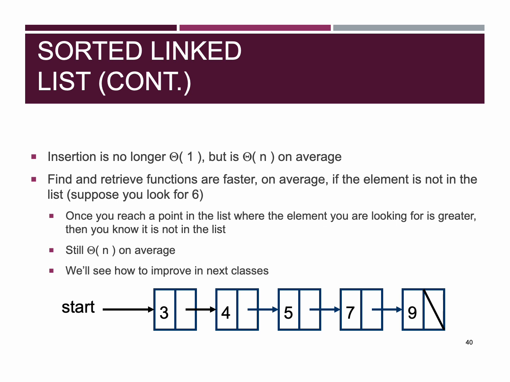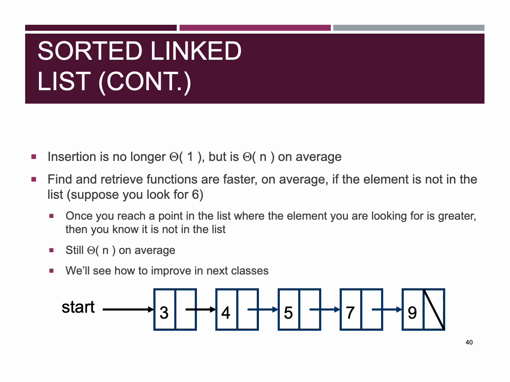Now, we can look at find and retrieve operations in the sorted linked list. Searching in a sorted linked list can be faster compared to an unsorted one, especially when the element is not in the list. For example, if you are looking for the number 6 in the current list, you can search 3, 4, 5, 7, 9. Now once you reach 7, you can immediately determine that 6 is not in the list because the list is sorted.